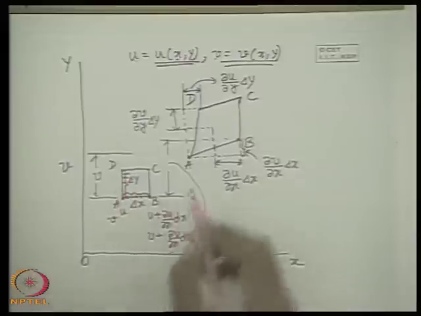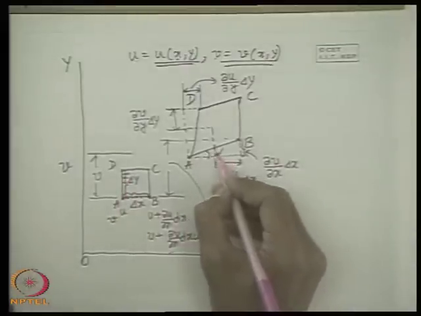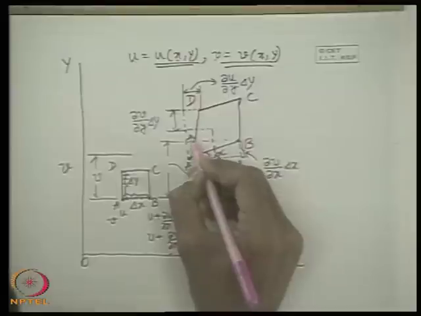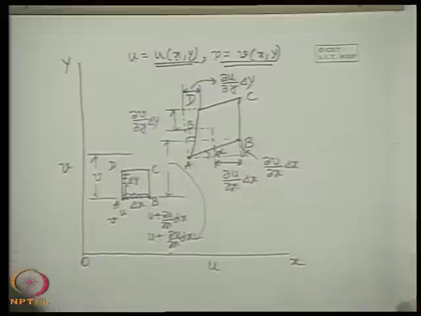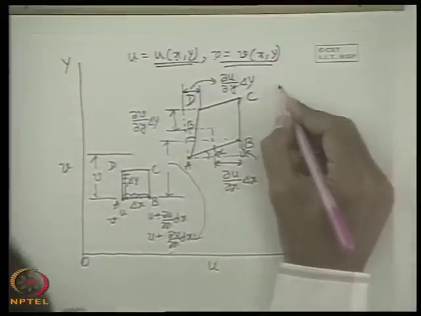Now if I denote this angle as alpha and this angle as beta, many terminologies have to be defined. First we define the rate of angular deformation.